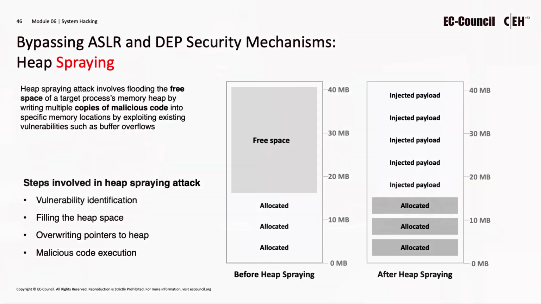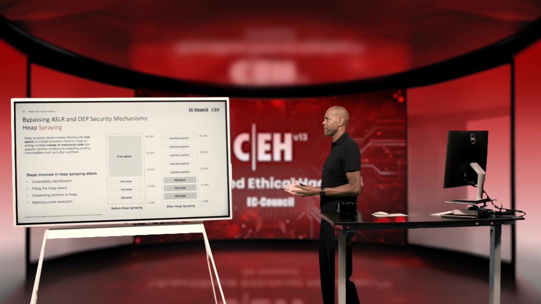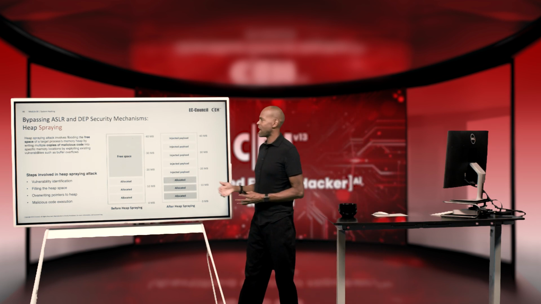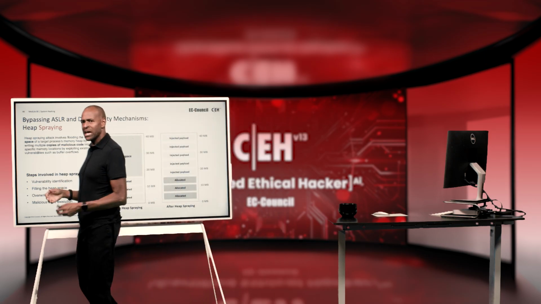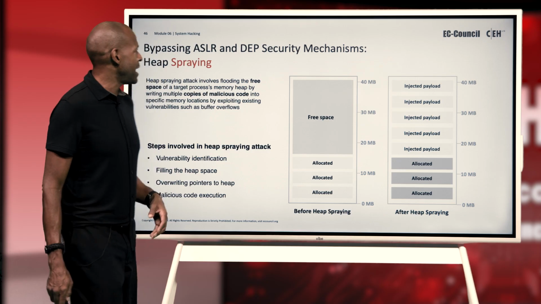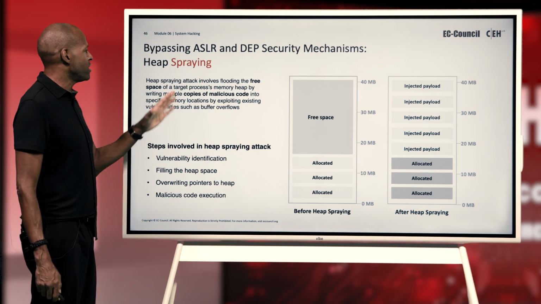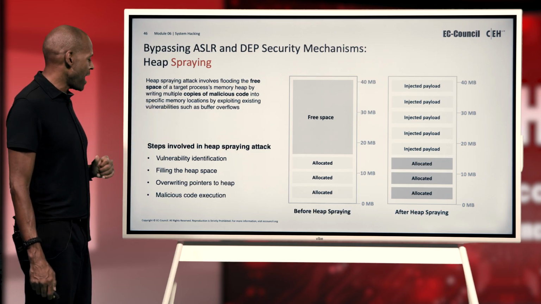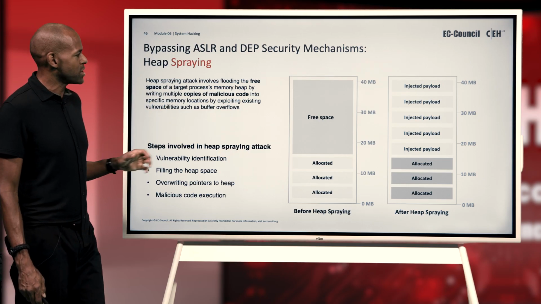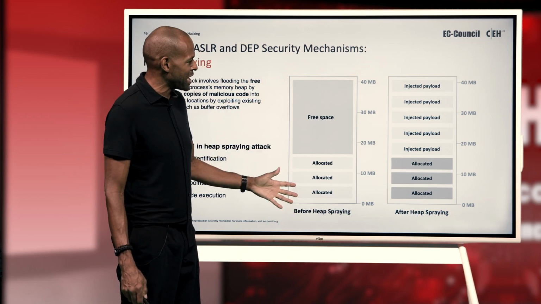The next one we're going to look at is called heap spraying. If you look at this slide, we have a couple of different means of defending an app that I was talking about, ASLR and DEP. We want to bypass those. So what we want to do is fill free space in memory with multiple copies of malicious code. Before heap spraying, we have free space and allocated space.